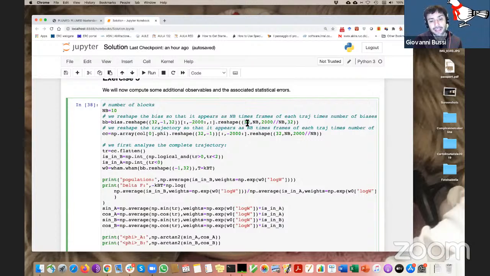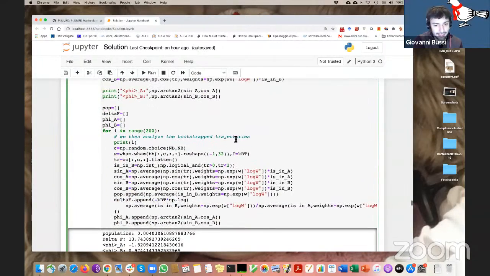The first index is just the number of trajectories, 32. The second index is the number of the blocks. And the third index is the number of frames per block. Each trajectory was 2000 frames, so we have 200 frames per block.